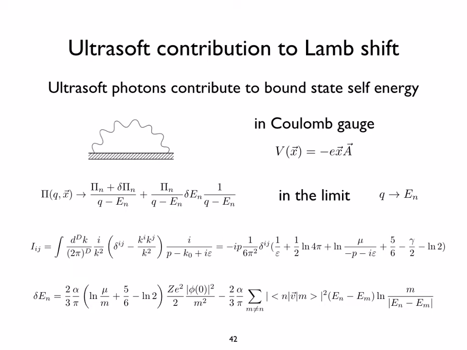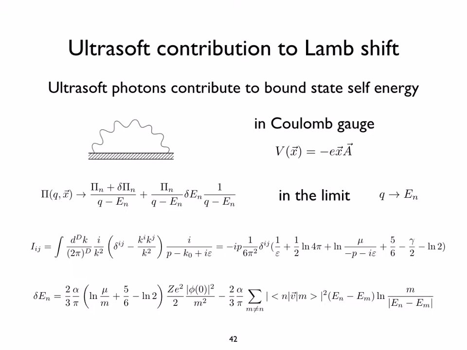And we are left with the sum over all energy levels and with the logarithm of mass over a scale of order mass times alpha. And this is the so-called famous Bethe logarithm, which was obtained by Bethe, and in principle it can be evaluated to any accuracy we want if we include more and more energy levels in this sum.